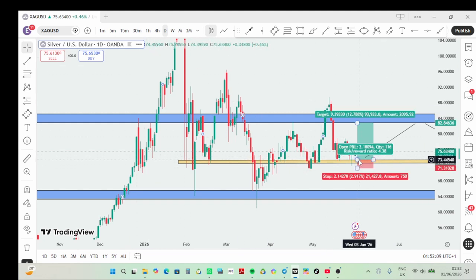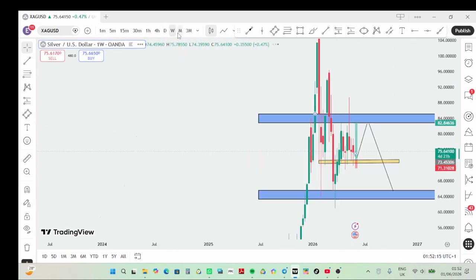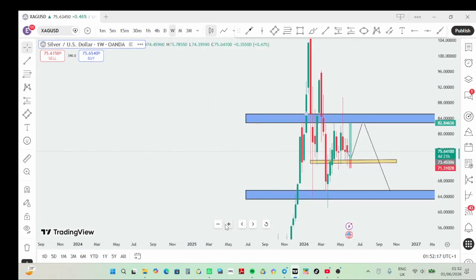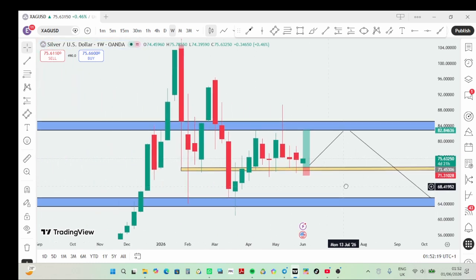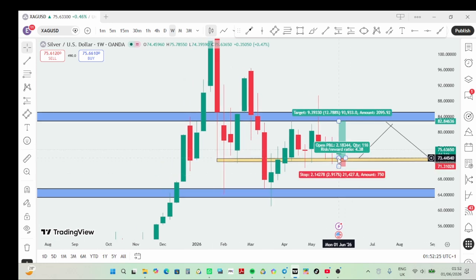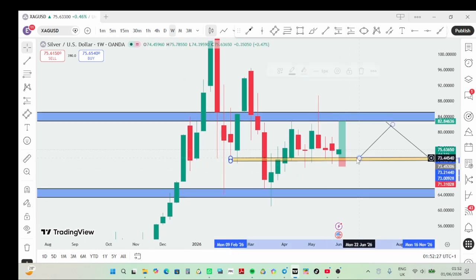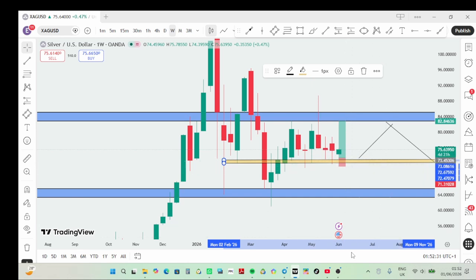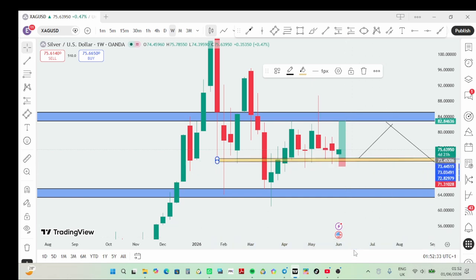I'm expecting the market to drop down here, then move to the upside before I think of going down. How did I arrive at that point? I will just show you. I'm not going to touch the analysis. I expect this market to come back onto the weekly support level.